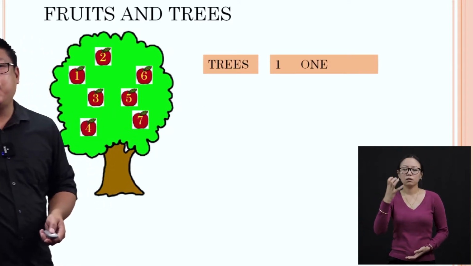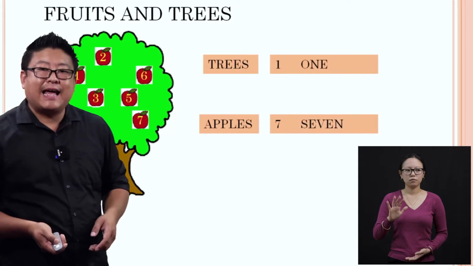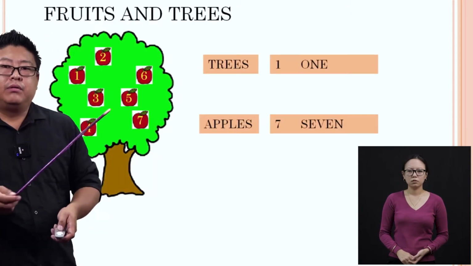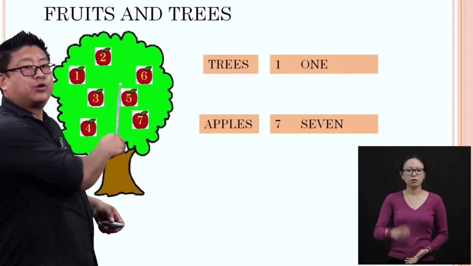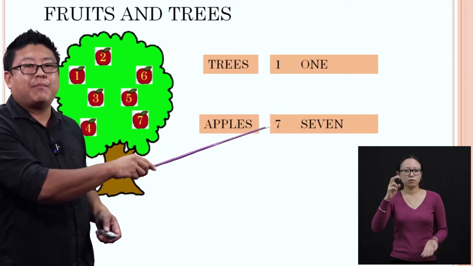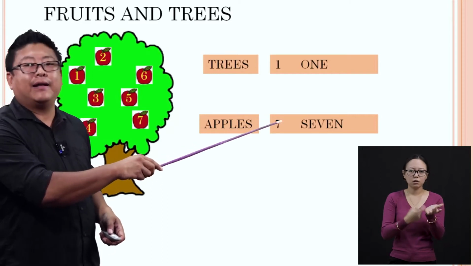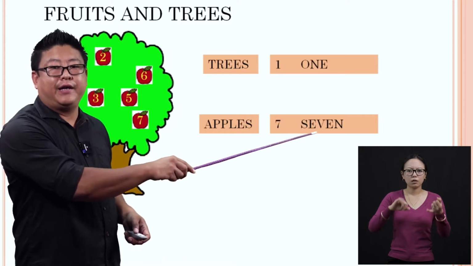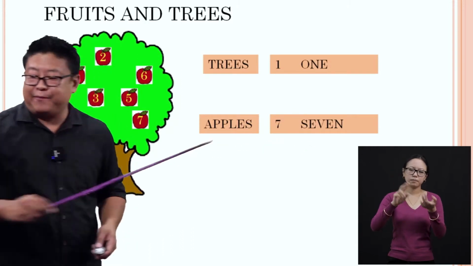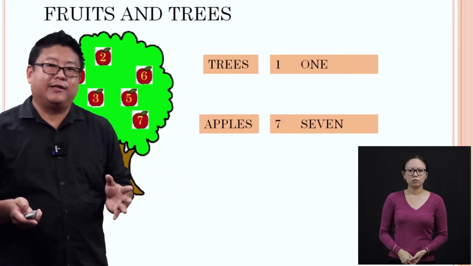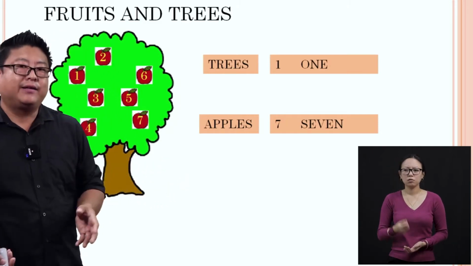So total we have 7 apples. So we write the numeral as 7 and the number name will be SEVEN. All right? So to understand this counting of objects better, let's look at another example.